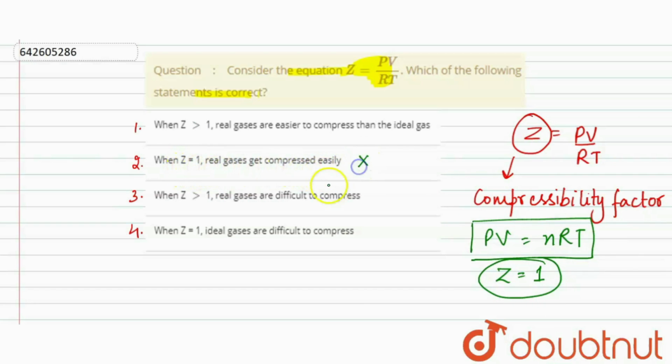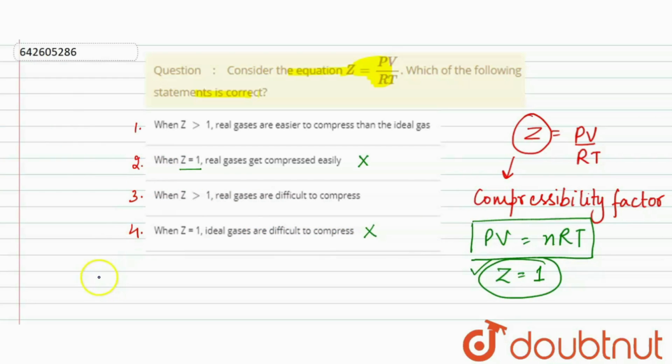It is incorrect, because the z is equal to 1 condition is not possible for real gases, because this is the condition for ideal gases. Now in the fourth option we have z is equal to 1, ideal gases are difficult to compress. It is also incorrect, because the standard condition for ideal gases is z is equal to 1. So they will not be difficult to compress at z value 1, because at that point PV will be equal to nRT.